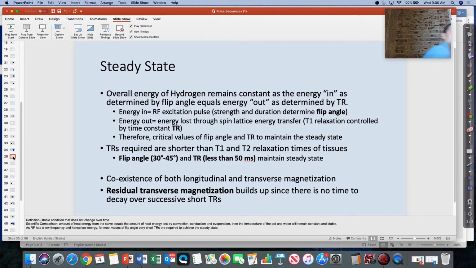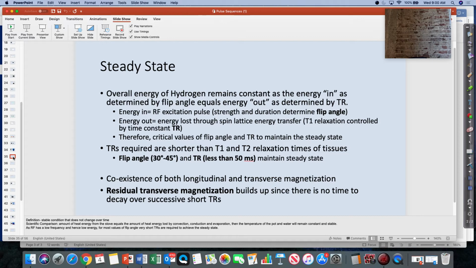All right, so now let's describe this steady state. I feel like I have to kind of stand up for this one because we really have to talk about those vectors. So if I have two vectors, which vector is this? What do you think? This one aligns with B0, which is our static magnetic field. Which vector is this?